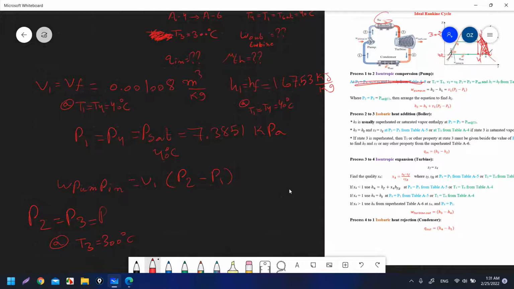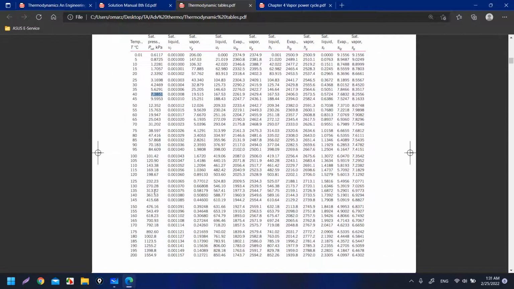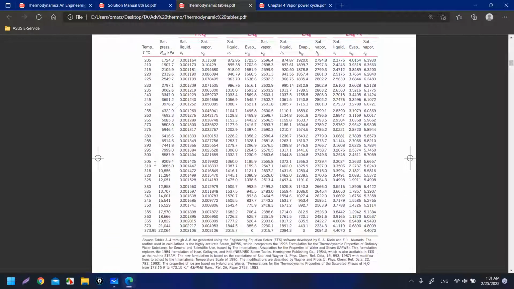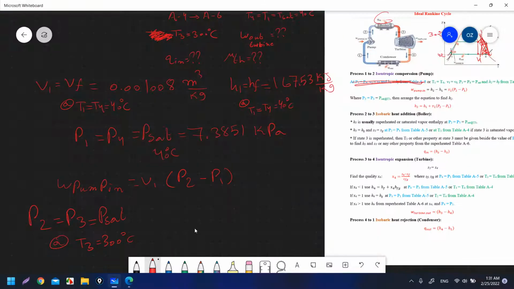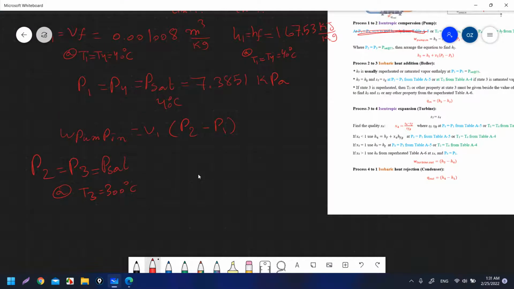So P2 equal to P3 equal to P sat at 300 degrees Celsius is 8587.9 kilopascal.